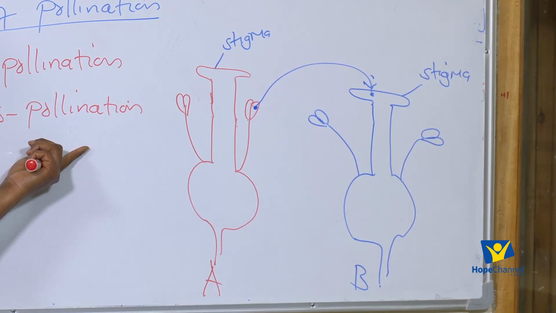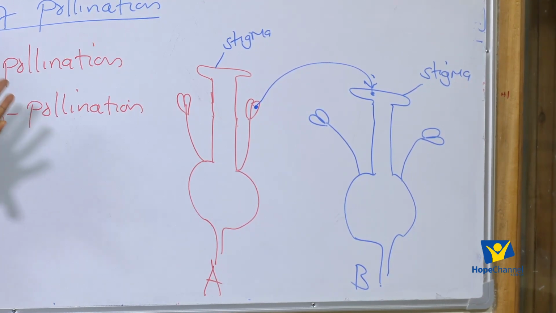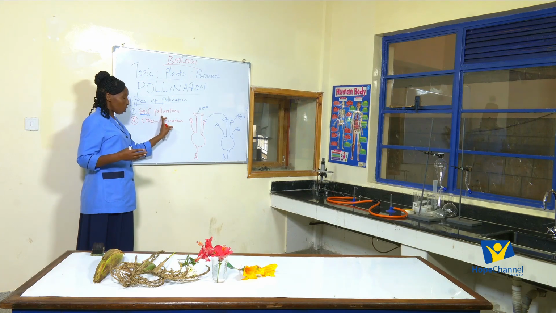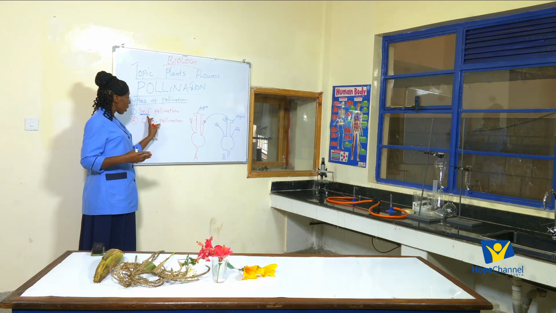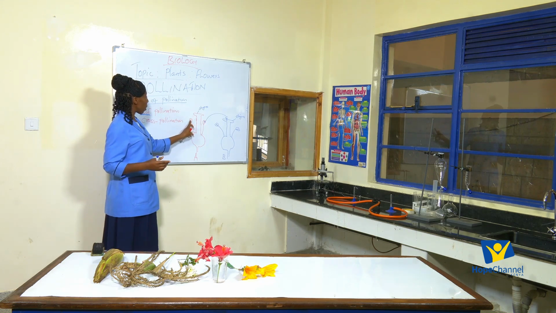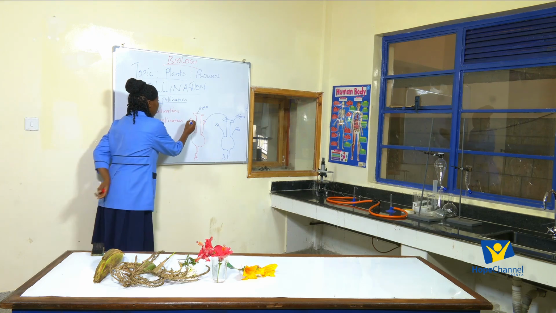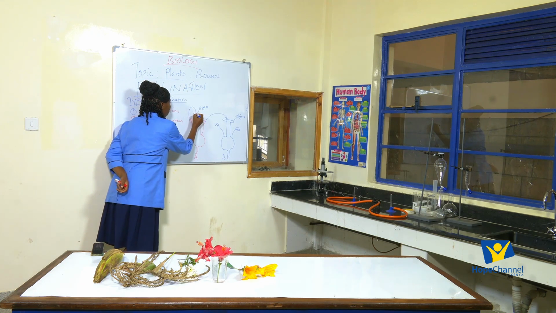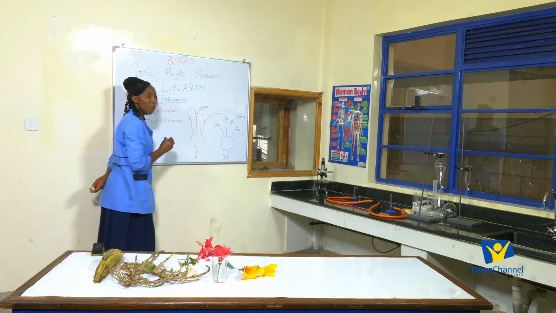I hope my students are able to follow. Are you able to get the difference between self and cross-pollination? Okay, I think I can redo that part. We have said in self-pollination, the pollen grains from the anthers land on the stigma of the same flower.